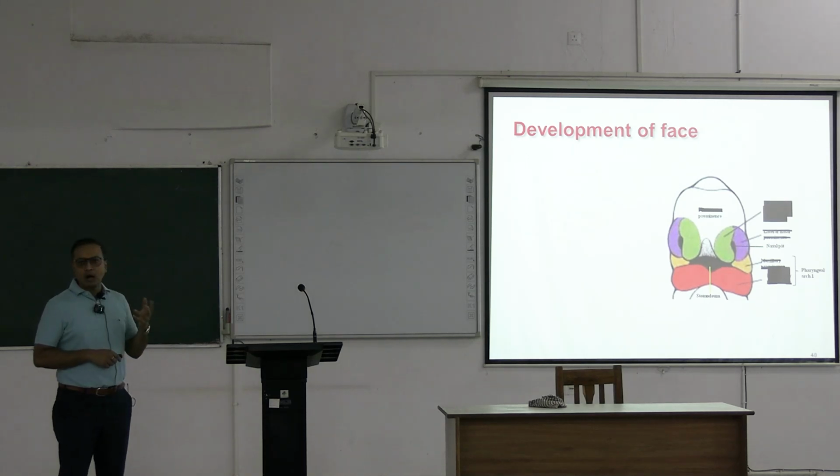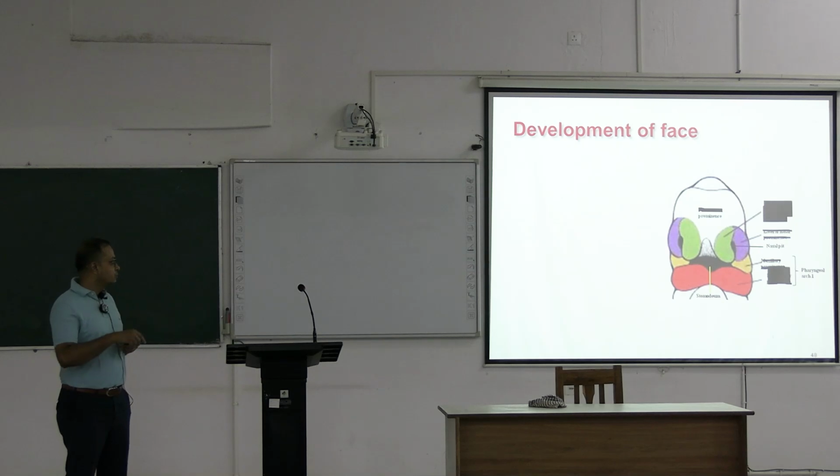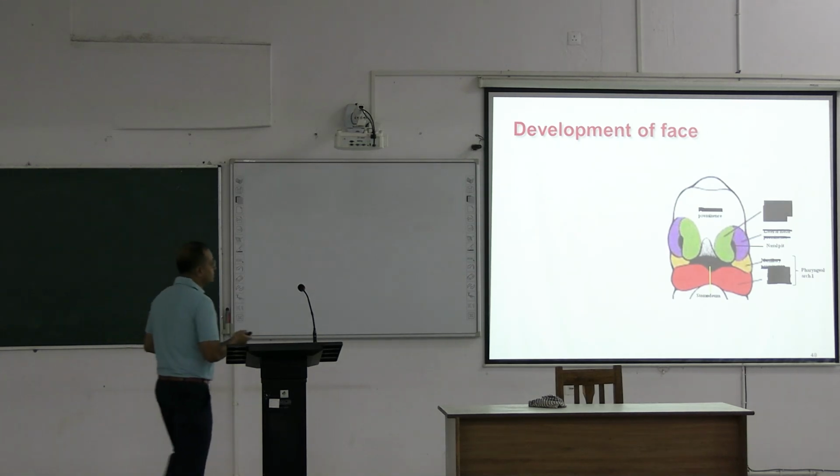We have two lips, upper lip and lower lip. We have to understand the different parts of the lip and which parts contribute to the formation of the cheek, the upper face and the lower face, which is the lower region of the cheek, known as the jaw region.